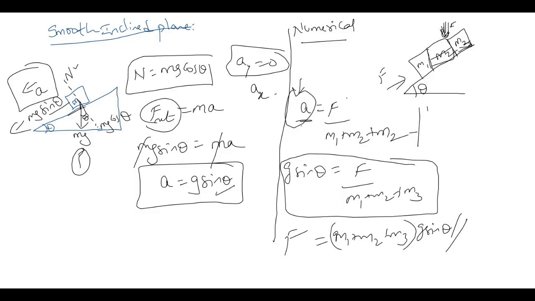Between M2 and M3, or the tension? Tension between M2 and M3 is M1 plus M2 into acceleration, correct? If I want between M1 and M2, then tension will become M1 into A, right? So in place of A, what do you write? g sin theta. That's it. Clear?